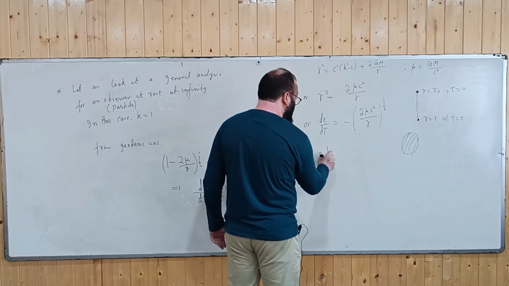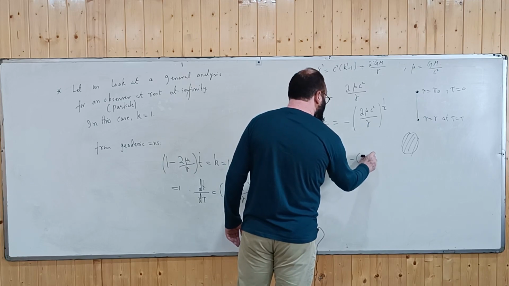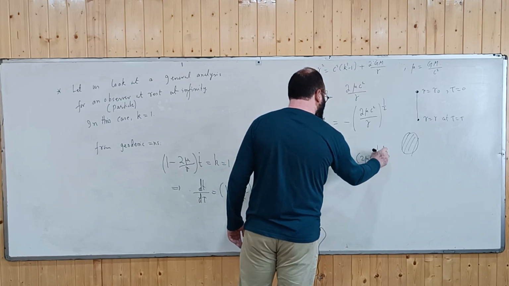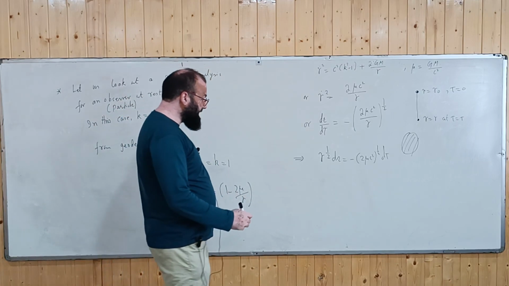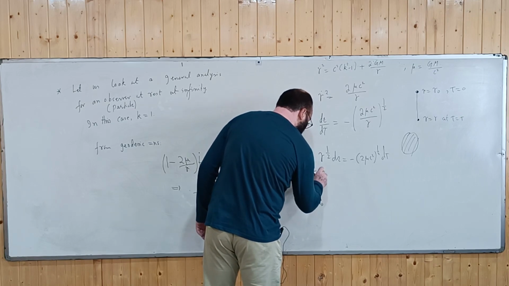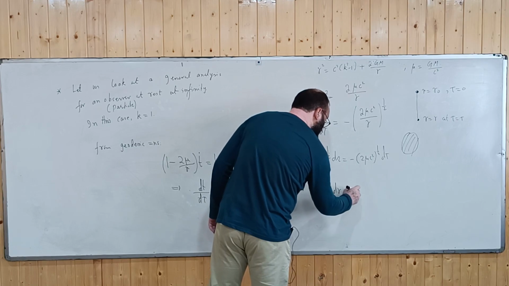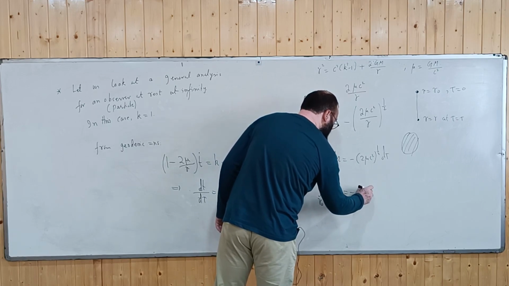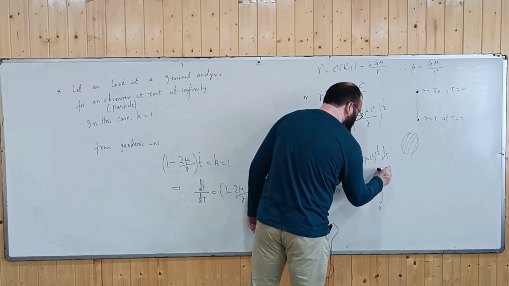It's r raised to the power half dr equal to minus (2 mu c square) raised to the power half d tau. Let's integrate this from r naught to r, r to the power half dr, equal to (2 mu c square) to the power half, from 0 to tau.